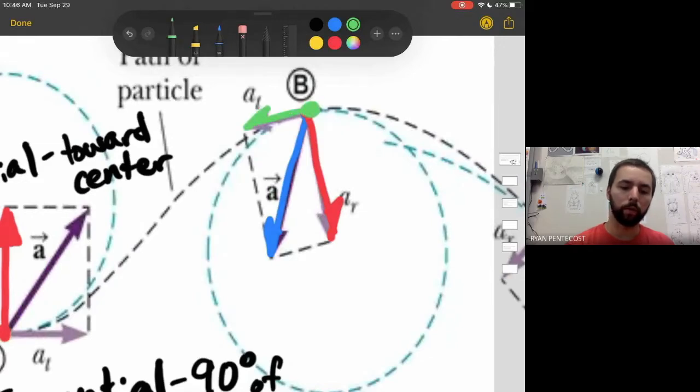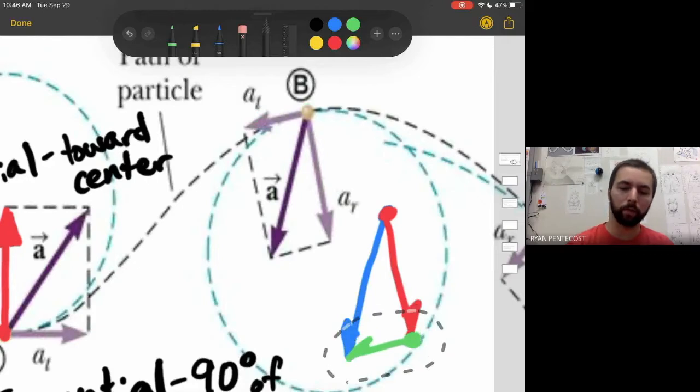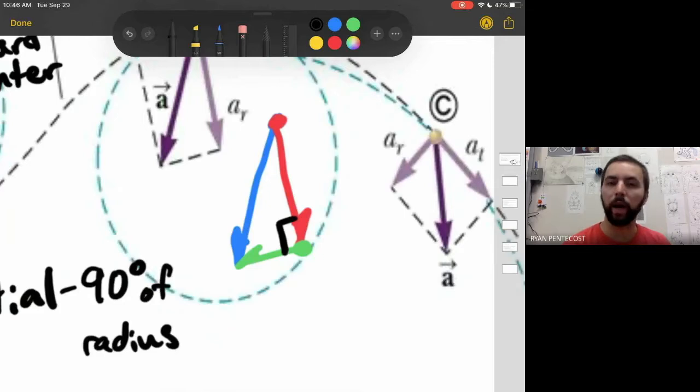If we can move these away from that image so that we can better analyze them, we can see that this will give us a circle. I'm sorry, not a circle. This will give us a triangle like we are used to using with a vector, right? You can analyze it in the i and j to give you the total vector.